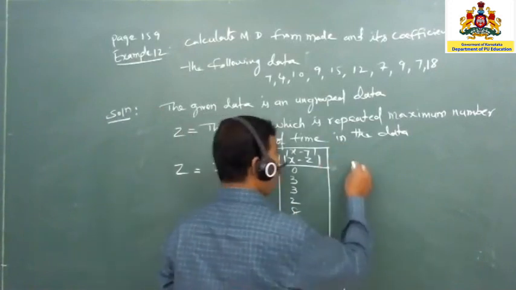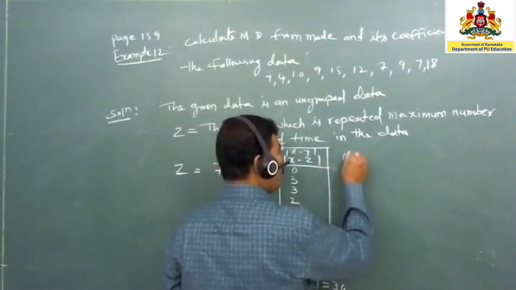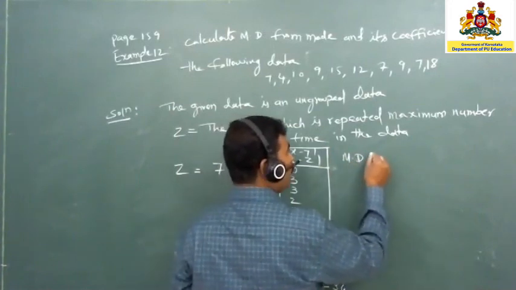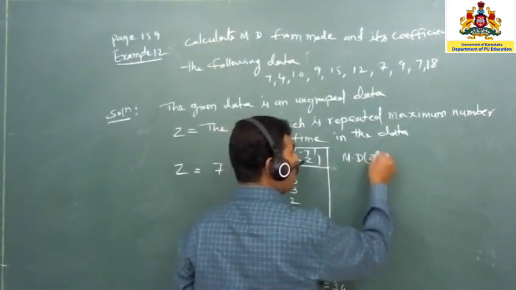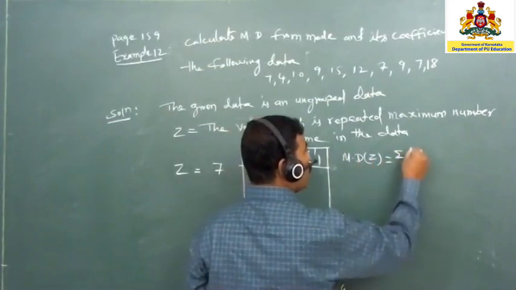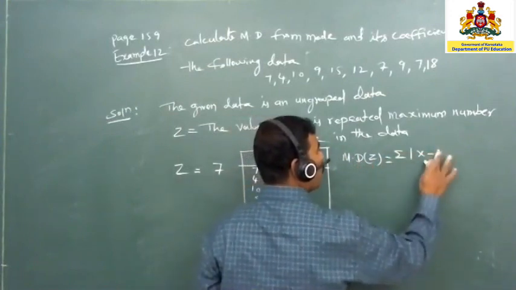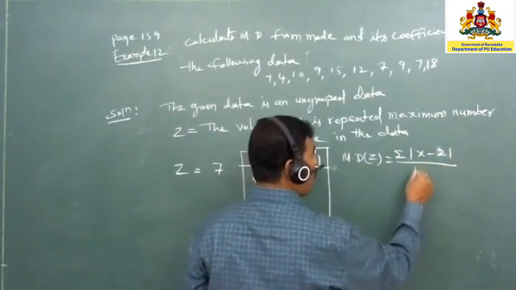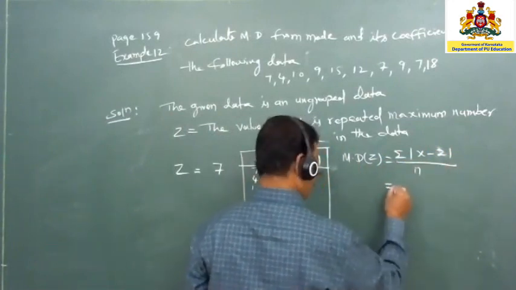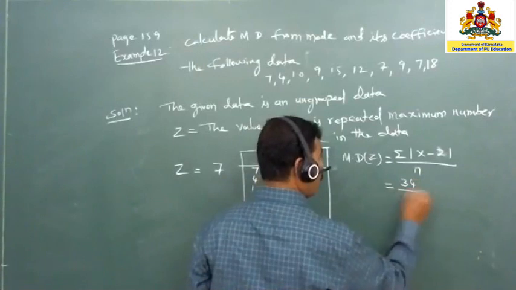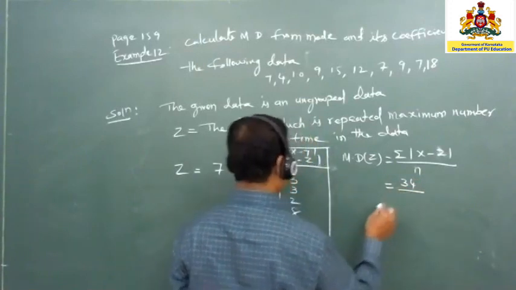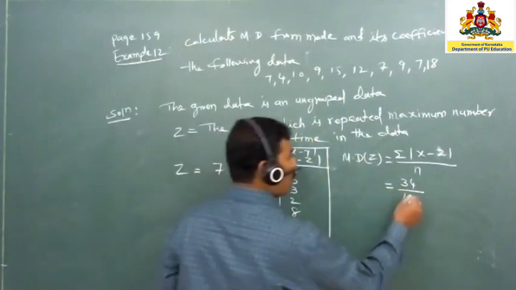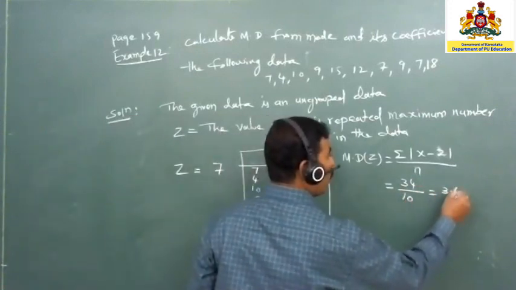Therefore, mean deviation from mode equals summation modulus of x minus z by n, which equals 34 by n, the number of observations 10, equals 3.4.